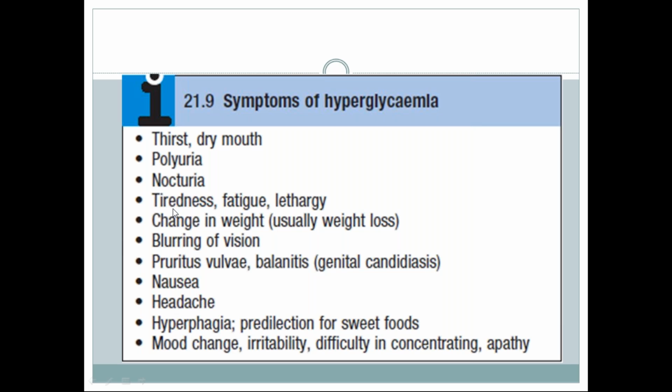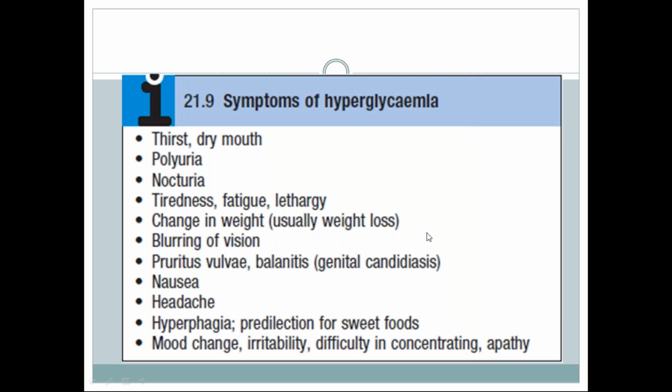Other one is tiredness and easy fatigability. Lethargy means loss of interest to do things, and early tiredness, that is, being unable to do the work. Another one is change in weight.